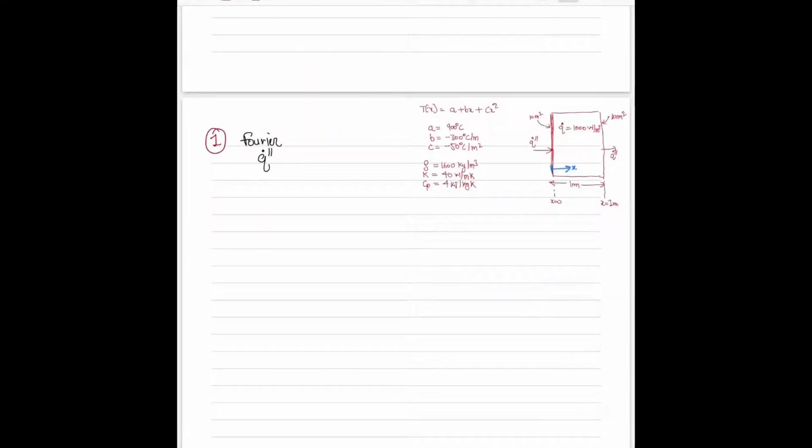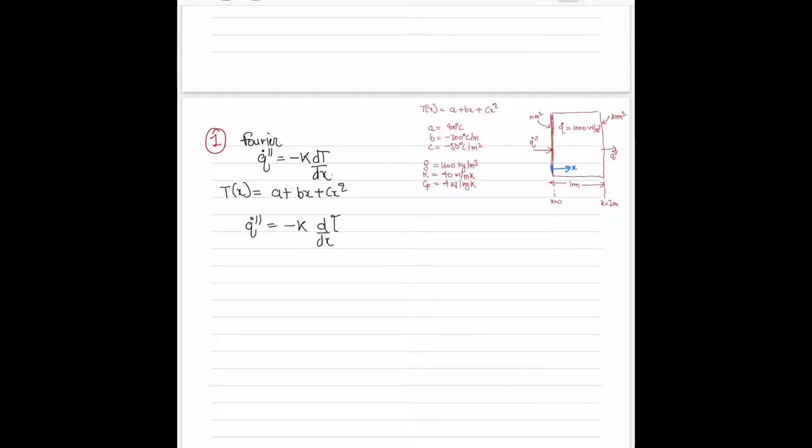From Fourier's law of heat conduction, we know heat flux at any face can be written as minus k times the temperature gradient. In this question, we have been given the temperature as a function of x as a + bx + cx².